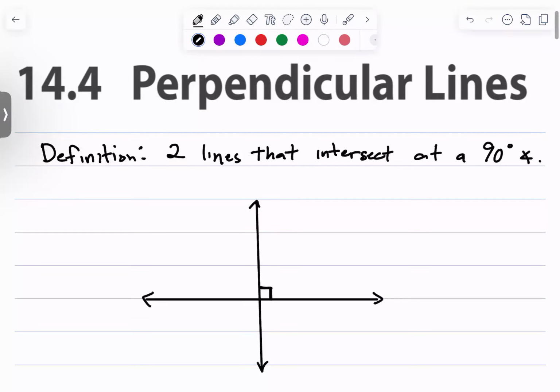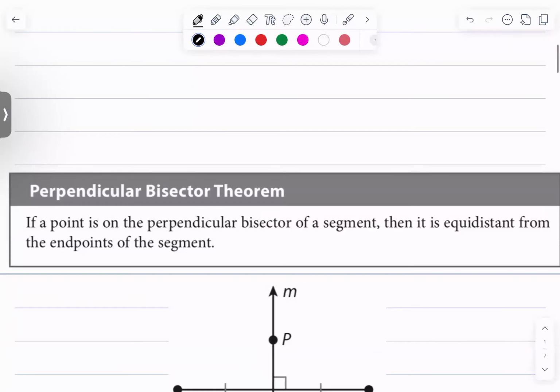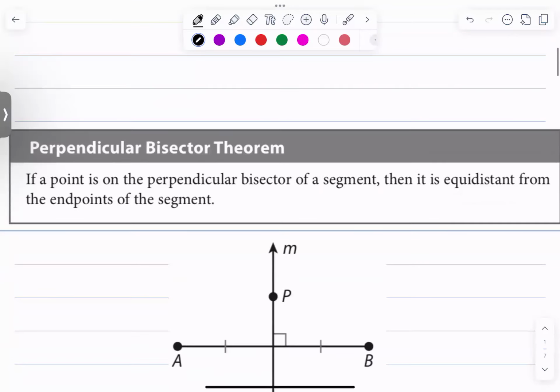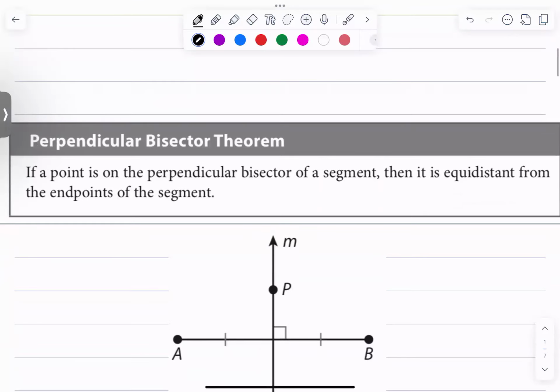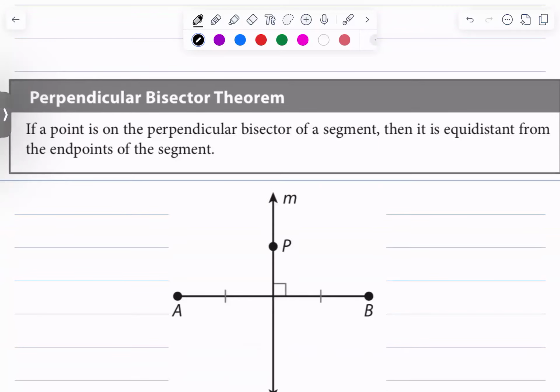But there are a couple of things. One thing we have when two lines are perpendicular: if a point is on the perpendicular bisector, so it's perpendicular and it bisects the segment.